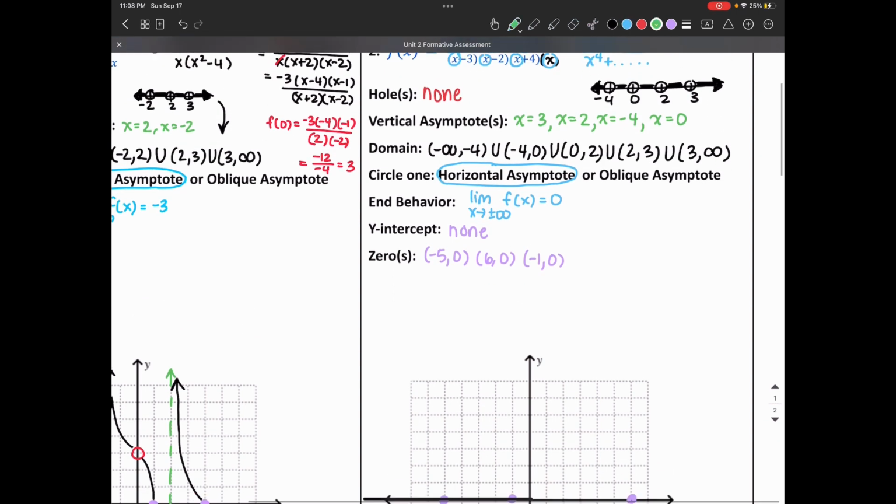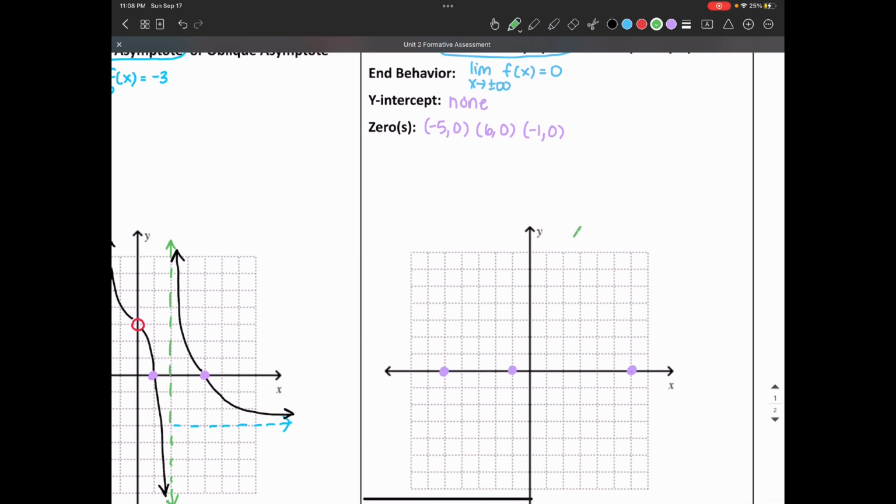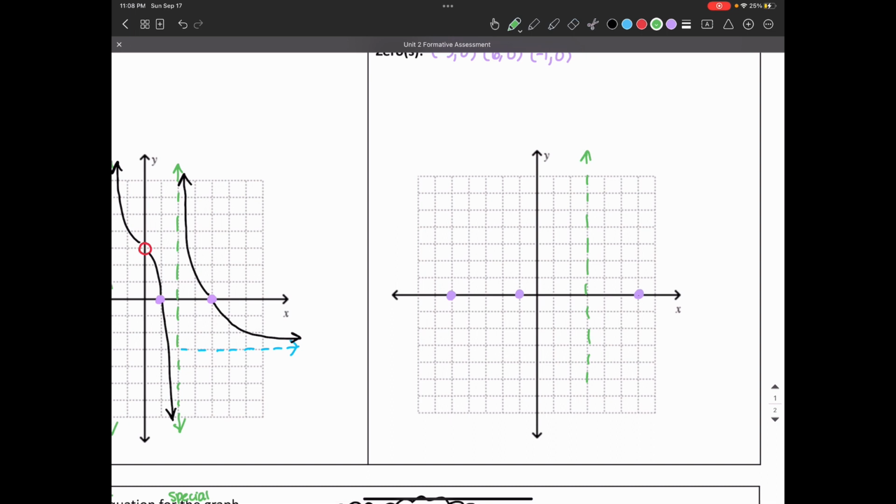3, 2, -4, and 0. 3, 2, -4, 1, 2, 3, 4, and 0.